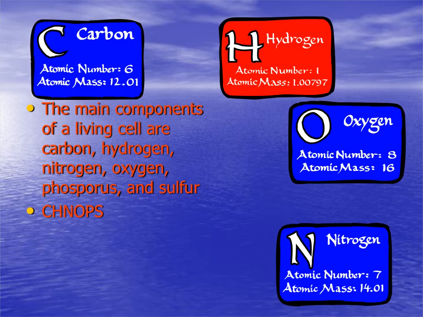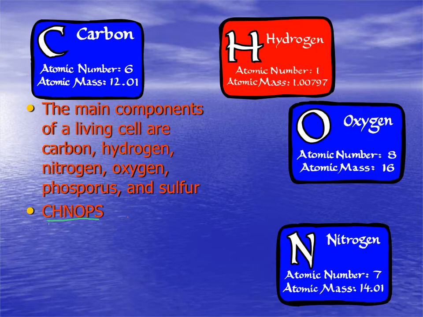So life on Earth is composed of many different elements, but one common group of elements that compose every living cell on the planet, and I don't care if it's a tree or a human or bacteria, are these elements here.